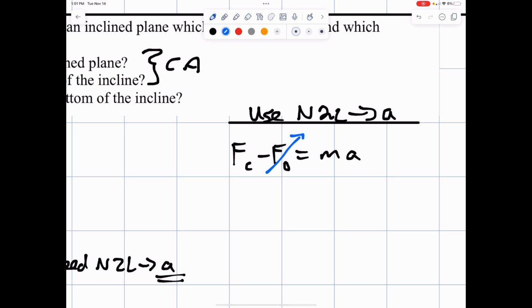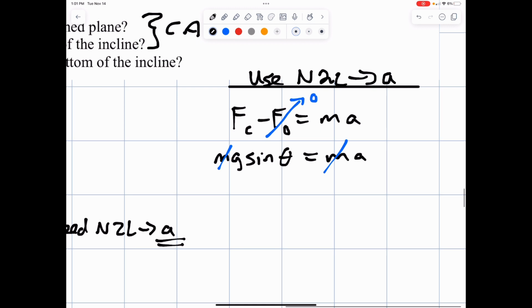The opposing force is going to be nothing, but the causing force is going to be mg sine of the angle equals ma. You can see the m's will cancel, mass independent. And a is going to be g times sine of the angle.